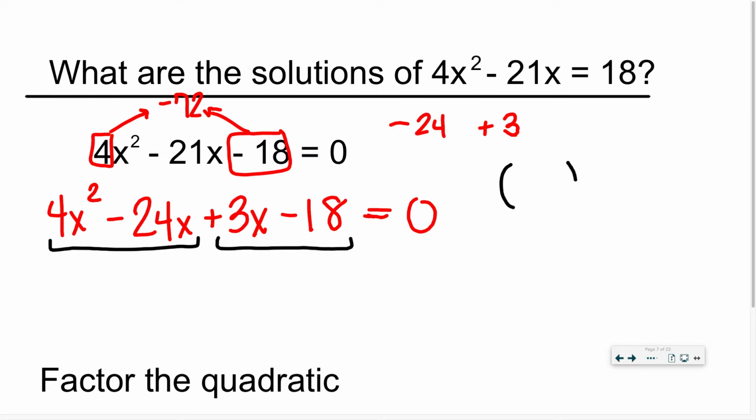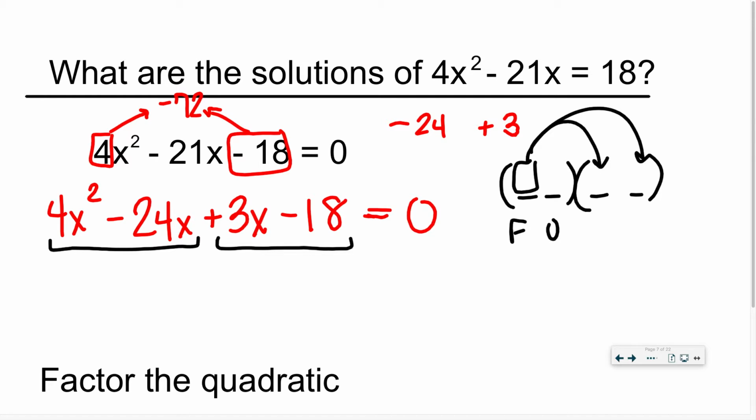Okay, so if you need a little reminder of when we foil through, this one term multiplies here and here to give us that F and that O. And then this term multiplies by the same parentheses to give us the I and the L. So when we have it at this level, we can factor the greatest common factor out to find that original binomial. What's the greatest common factor of 4x squared minus 24x?